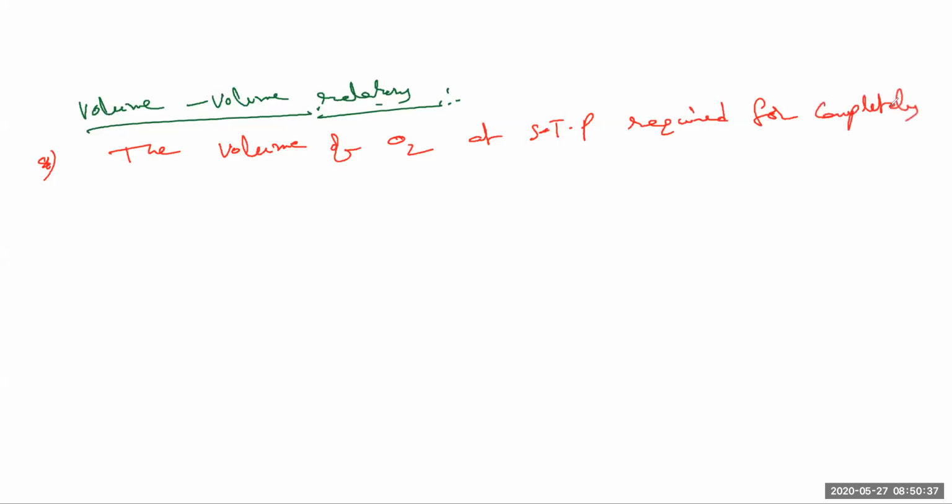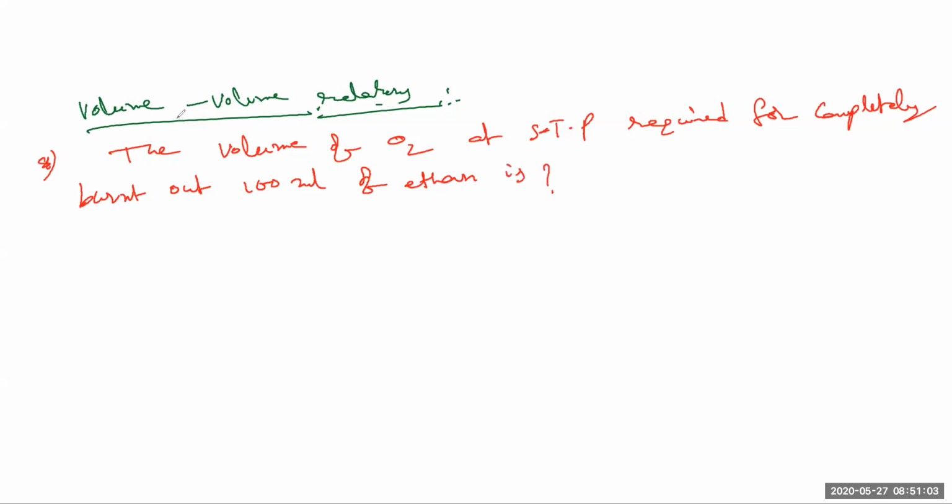completely burnt out 100 ml of ethane is.